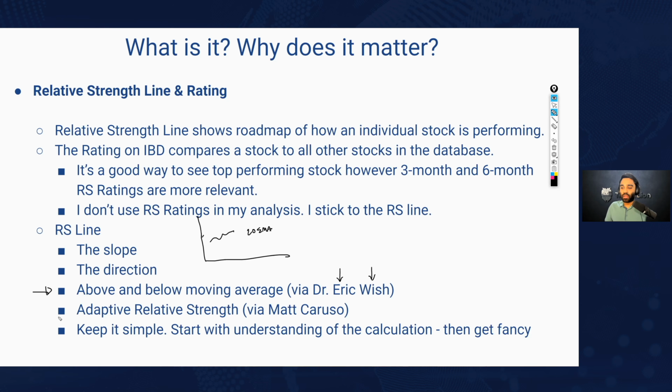There's another calculation that Matt Caruso has, and that's called the adaptive relative strength. It's basically a beta calculation to calculate alpha.